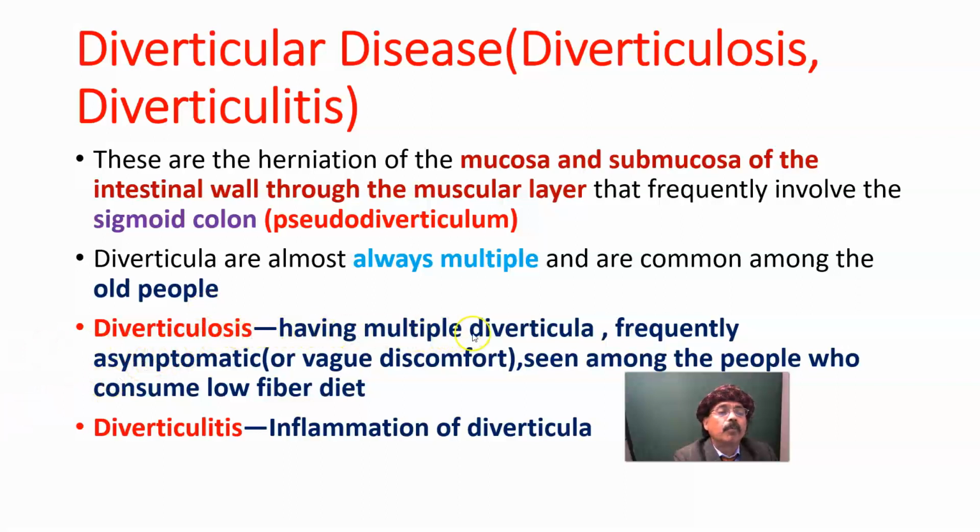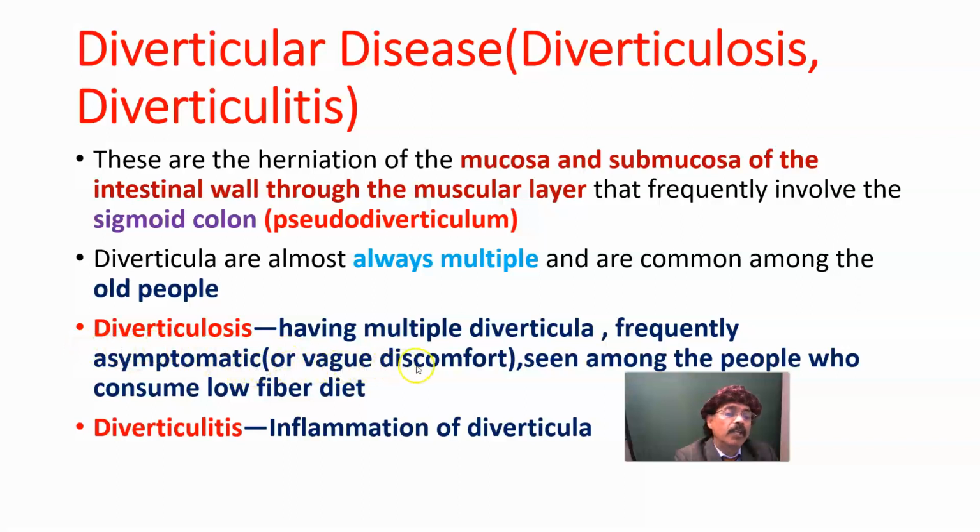Diverticulosis, having multiple diverticula, is frequently asymptomatic. About 50% of people over the age of 50 have diverticulosis. These are asymptomatic.